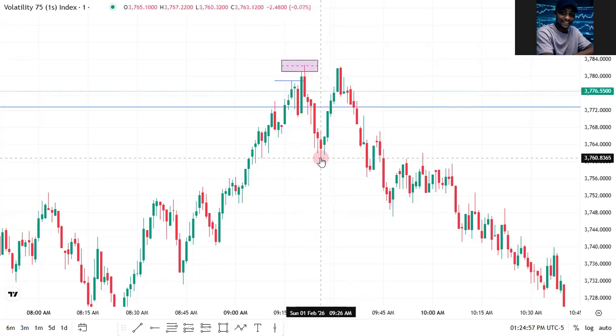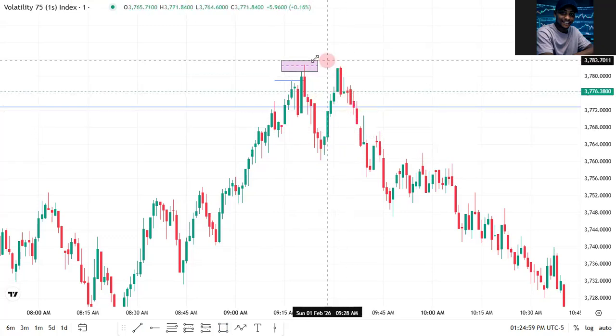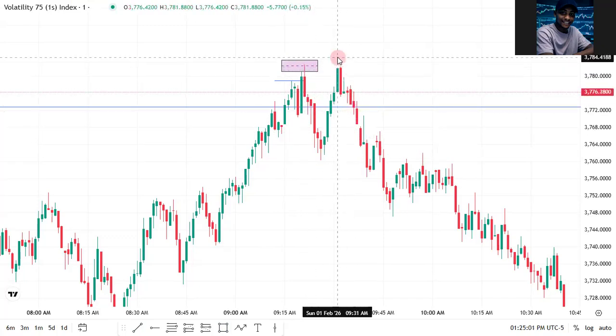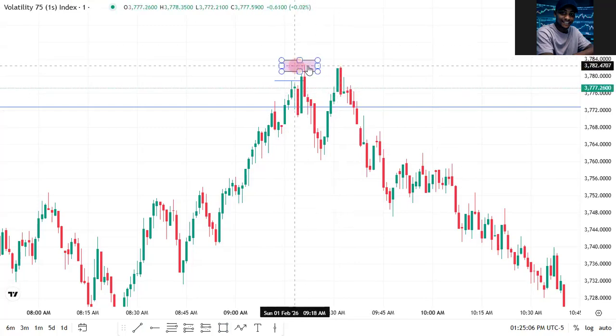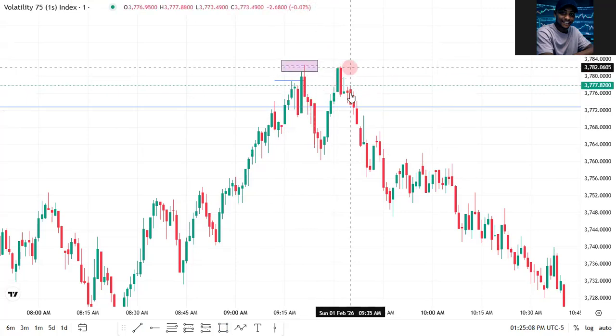So once you move down, what I'm looking for is either this high, we can have a candle wick above it, or we stay inside this.